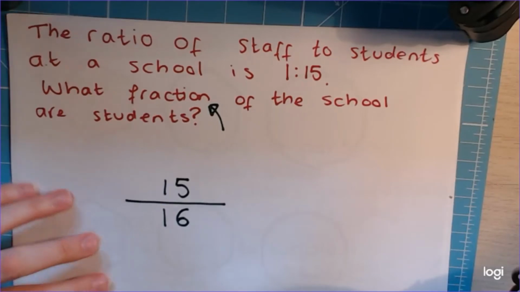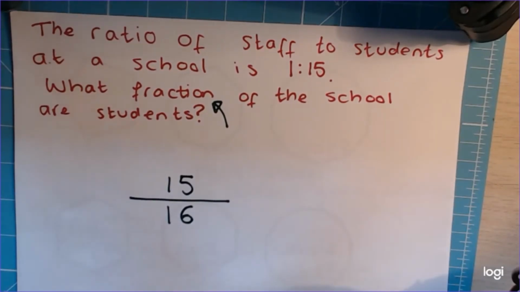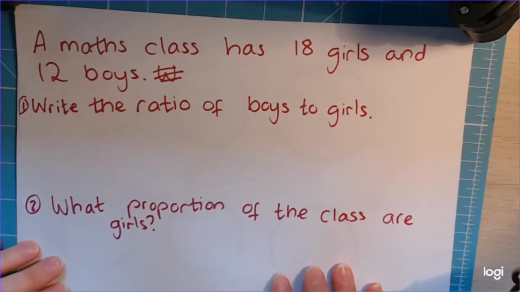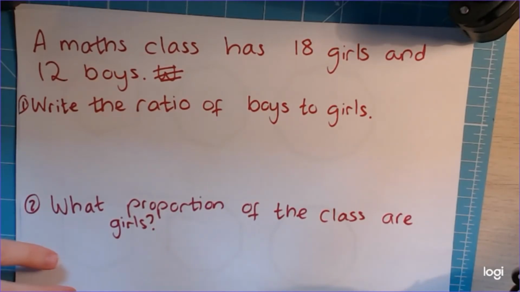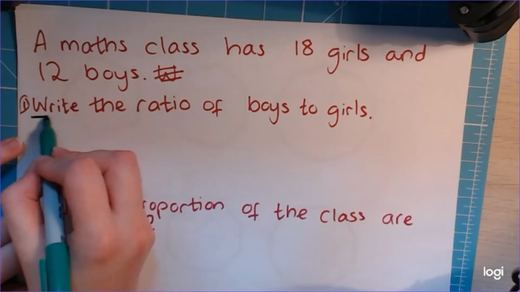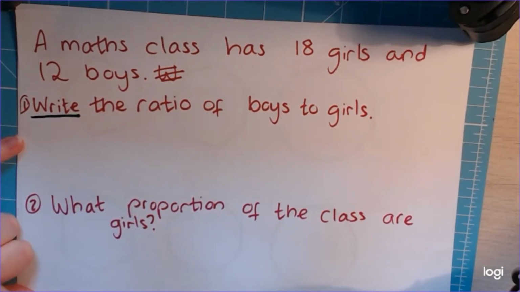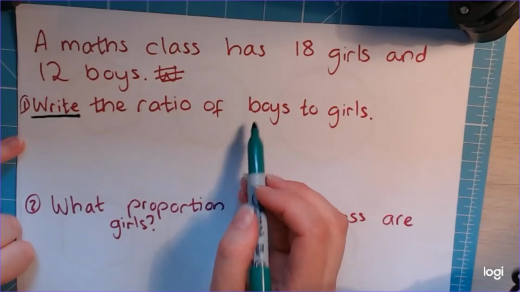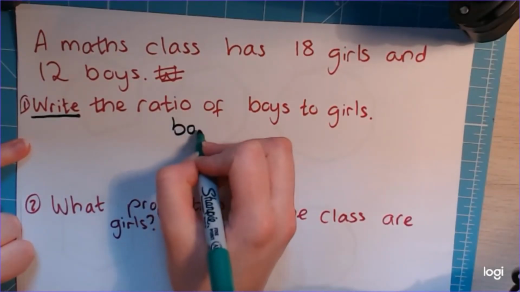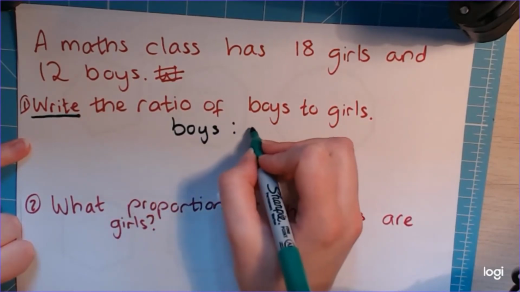Okay, let's try another one. Okay, a maths class has 18 girls and 12 boys. Write the ratio of boys to girls. Okay, right. Now that tells us that there's not a lot of work to be done. We should be able to just see that. So boys to girls. I quite like to do it this way and just write that as a ratio first.